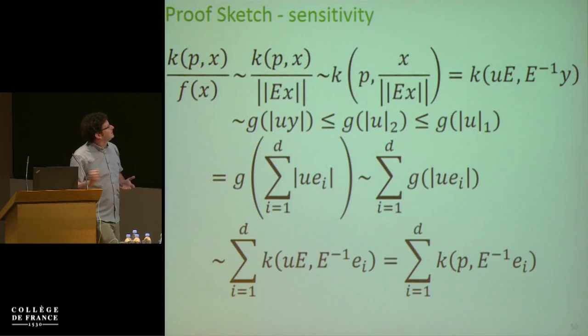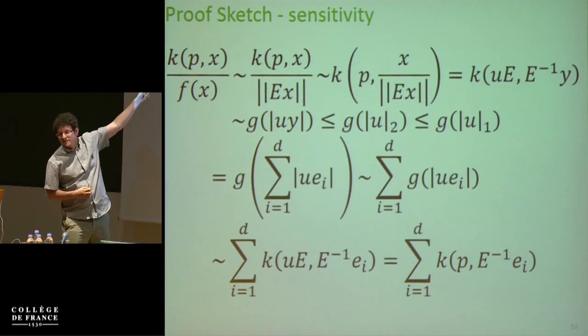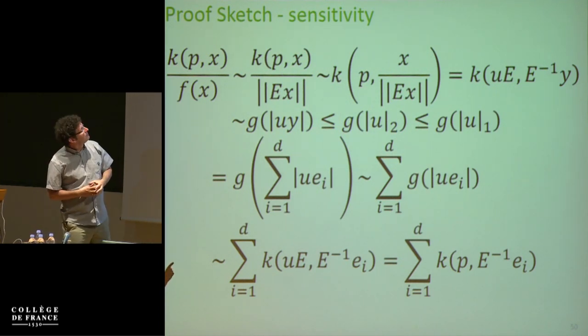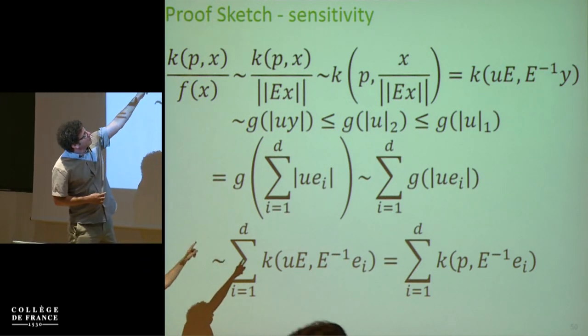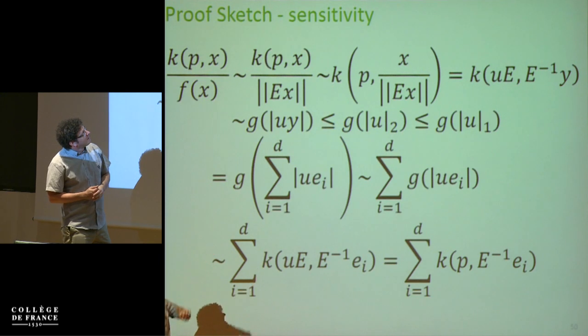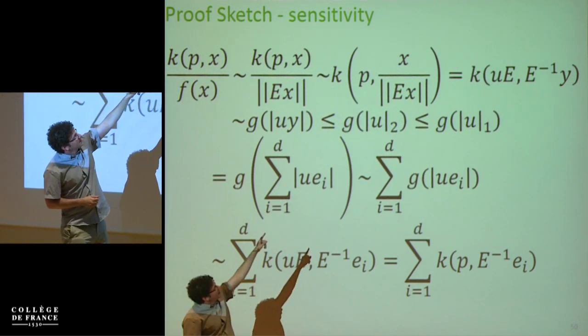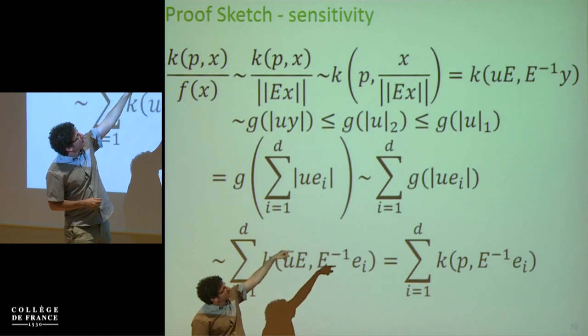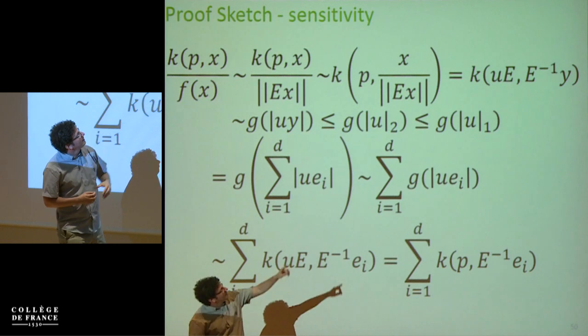So the idea that we use is just that the denominator fx is just the norm Ex by the John ellipsoid. And now we can put the A x inside by the property of k. And now we define y to be Ax divided by norm Ax. So we get this kp, this value is just E minus 1 y.